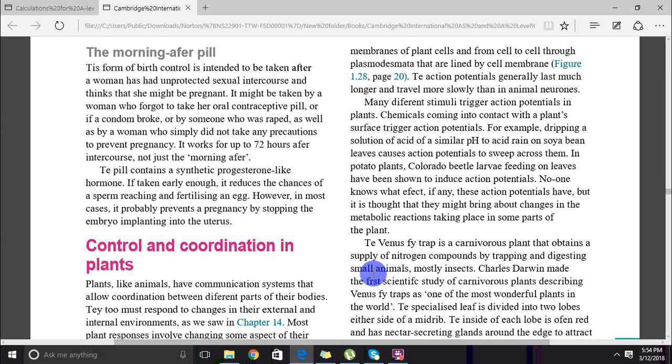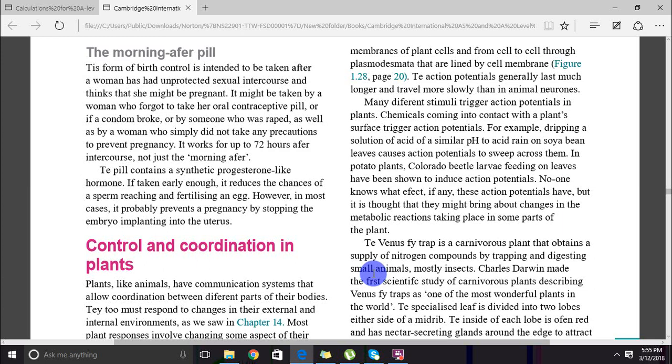No one knows what effect, if any, these action potentials have, but it is thought that they might bring about changes in the metabolic reactions taking place in some parts of the plant. So, this is a branch of biology which we don't know a lot about.